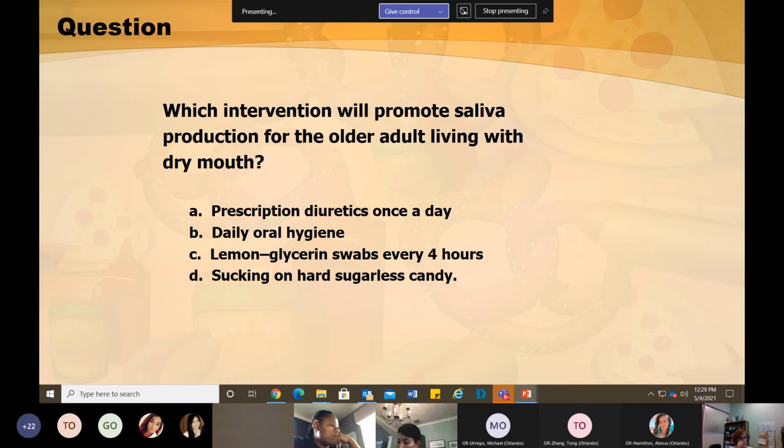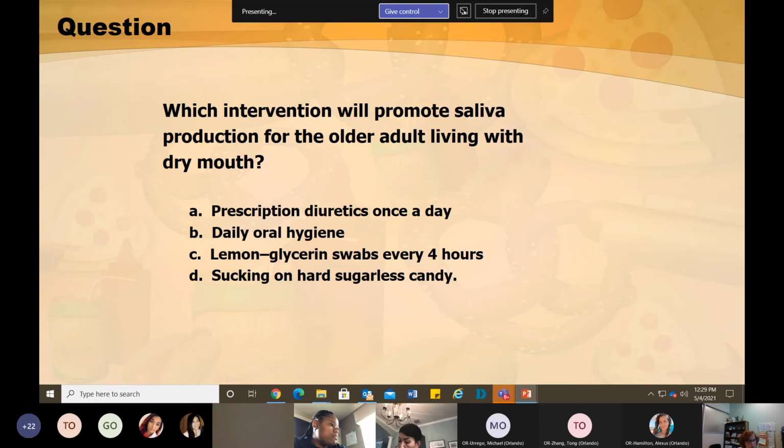So which intervention will promote saliva production for the older adult living with dry mouth? Everybody knows this one? Yes, D, sucking on hard sugarless candy, absolutely. Obviously, we know with diuretics, we're going to have an increased risk of dry mouth because of the dehydration potential.